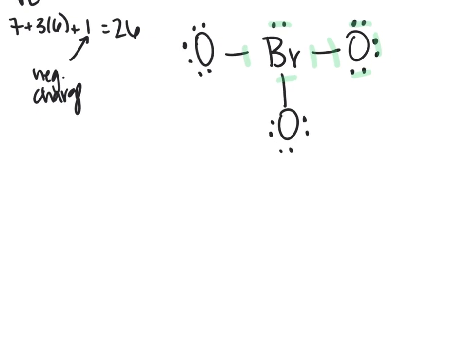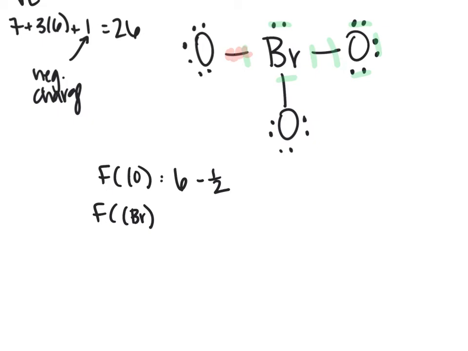In this case, we want to calculate the formal charge for oxygen. All of these oxygens are the same, and we're going to calculate it for bromine as well. For oxygen, the number of valence electrons is 6. Then we're going to subtract half of the bonding electrons. For any one of these, the bonding electrons I'm going to highlight in red.